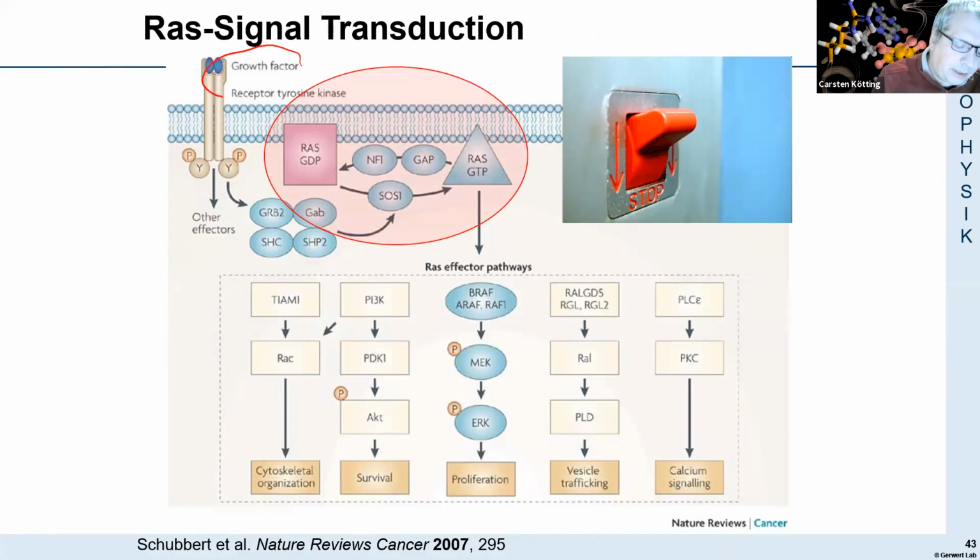So the growth factor binds to the receptor tyrosine kinase, and then by some adapter proteins the signal will come to the RAS, which is the central switch, which then somehow transduces the signal to various downstream pathways, including the one for cell growth. And you can easily imagine why this is important to look at. If this switch is somehow malfunctioning in a way that it's no longer switching off correctly, then signal transduction for cell growth is always on, so the cell will always grow. And this is one of the main factors you find in cancer.